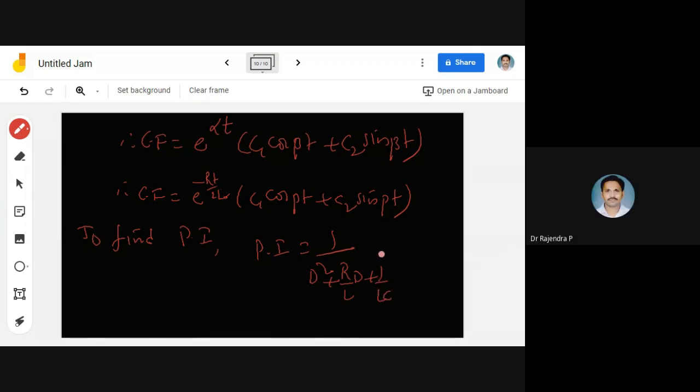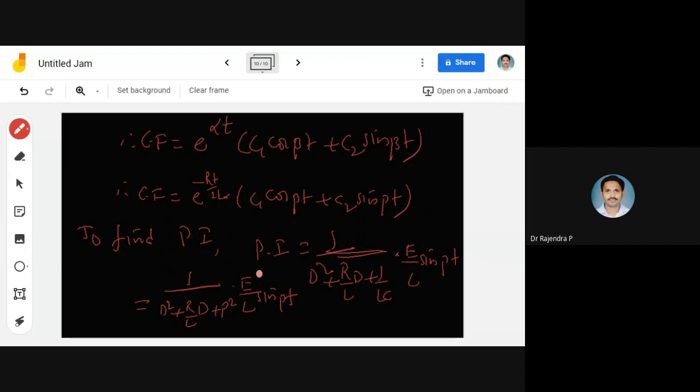Next step I will write, into E by L sin pt, since we are given sin pt. So here, 1 by D square plus R by L into D plus p square, into E by L sin pt.